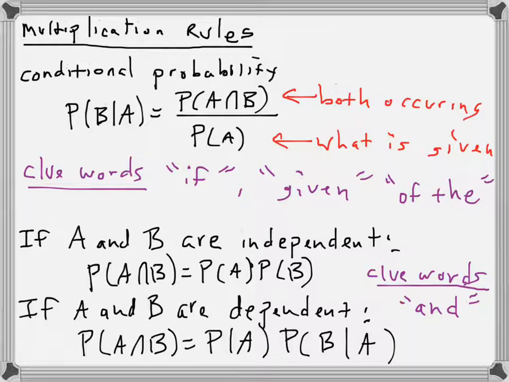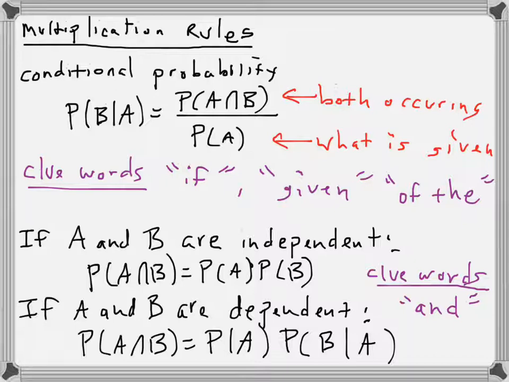So some clues that something is a conditional probability: the word if or given, or maybe "of the juniors, what percent," like French fries. I did the independent and dependent rules, but multiplication rules down here.